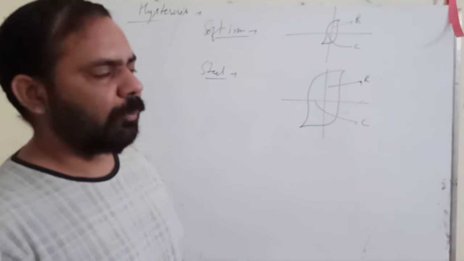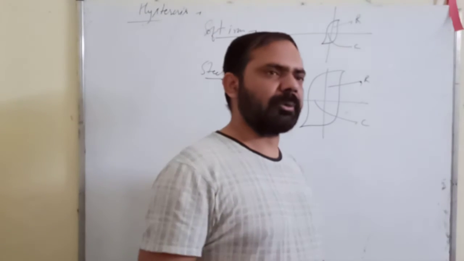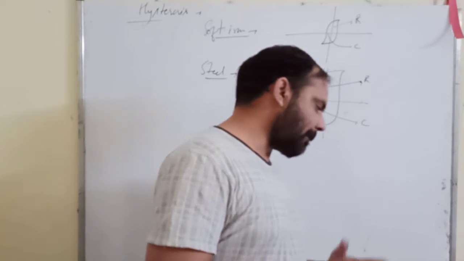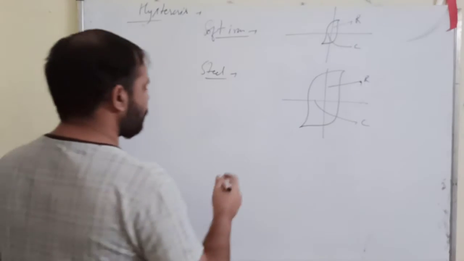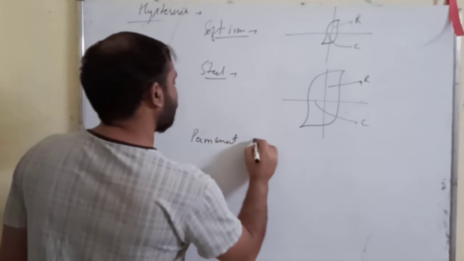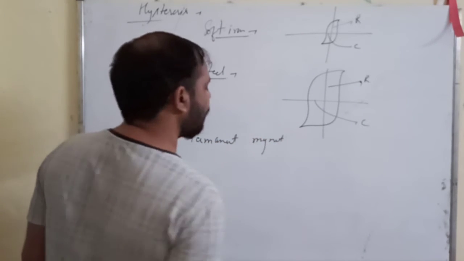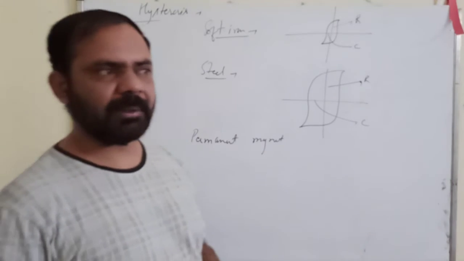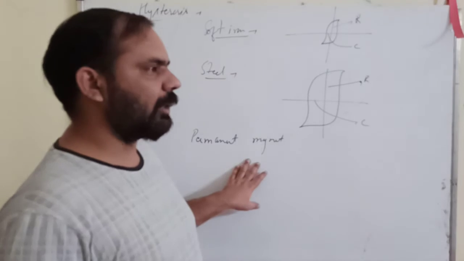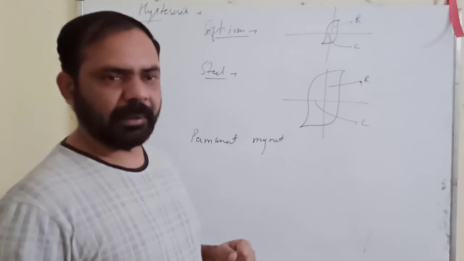Now, where can we use this? Suppose we take a particular example, like we want to make a permanent magnet. A permanent magnet is something which can be used afterwards as a magnet. So what should be the characteristic of a permanent magnet?